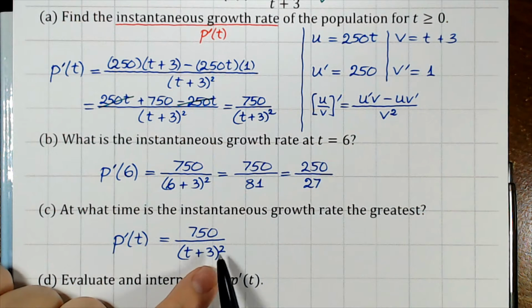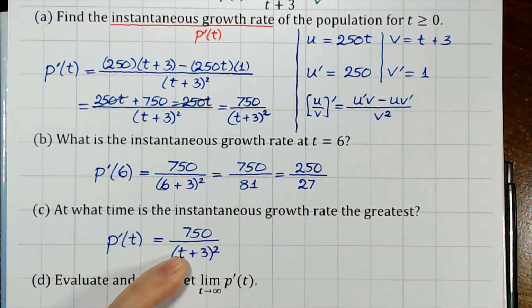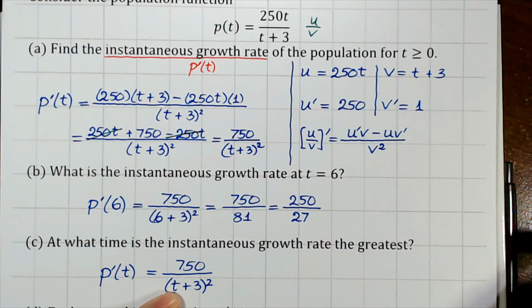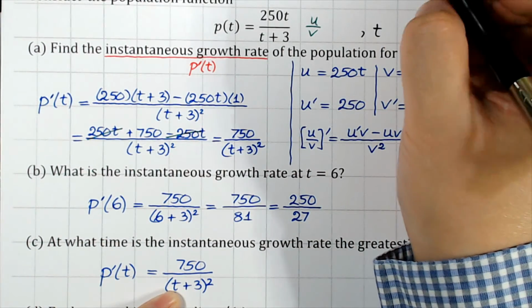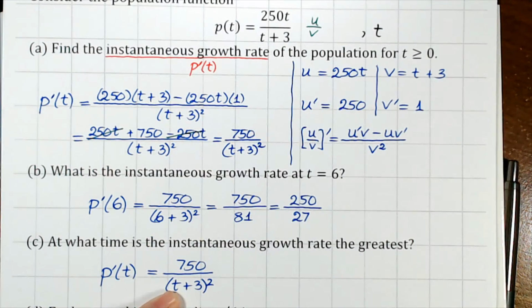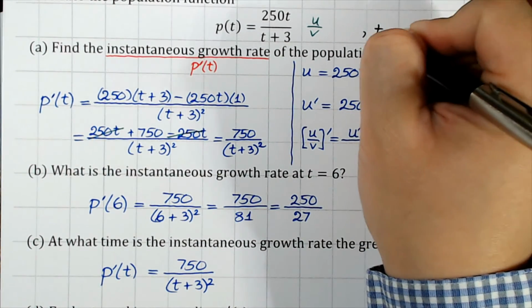Notice that t plus 3 squared is going to be greater than 0. It should be noted that t is time, so t is greater than or equal to 0.